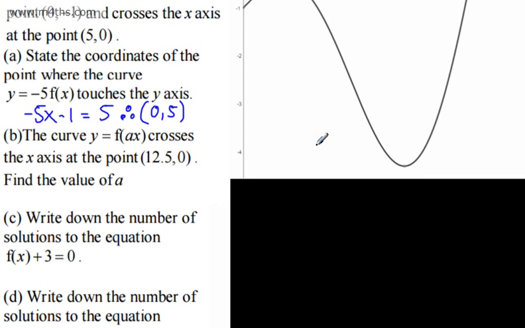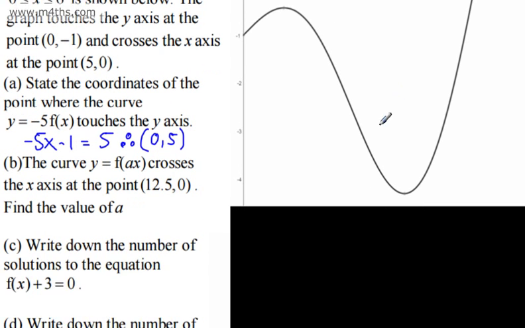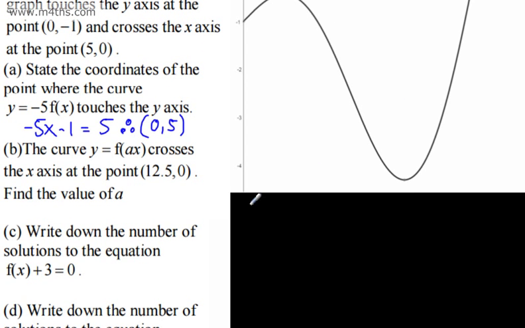If we consider that the x coordinate here is 5, then 12.5 divided by 5 is going to give us 2.5, or 5/2. Therefore, the value of a is going to be the reciprocal of this, which is 2/5.